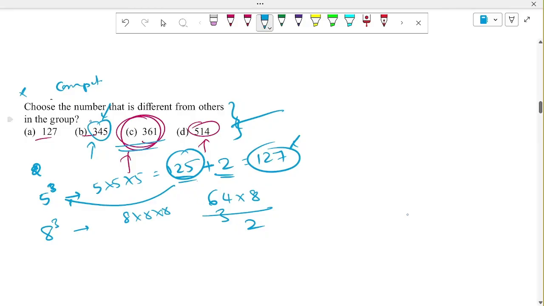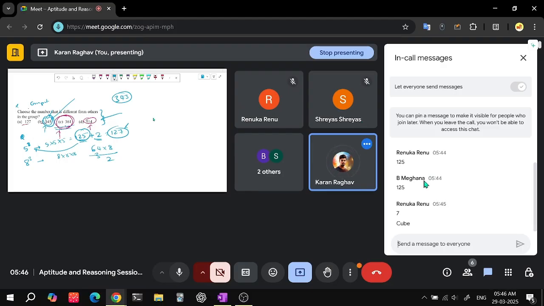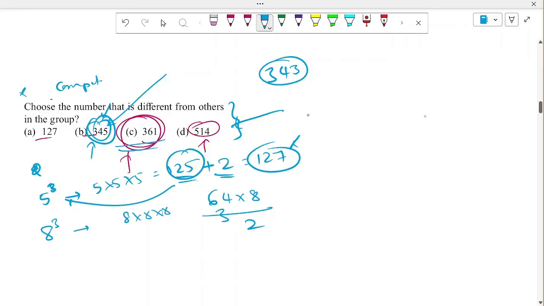Can you find the cube root of this? Means 343. Cube root of 343. Is it possible? Or is it a cube or not? 7.